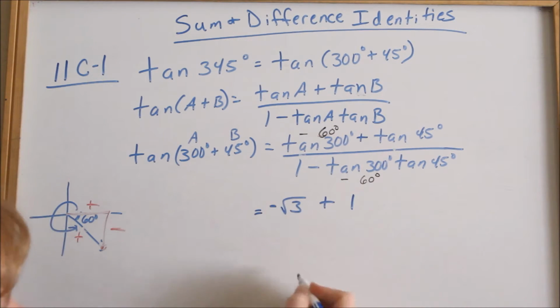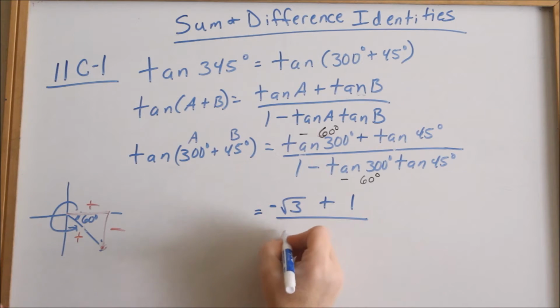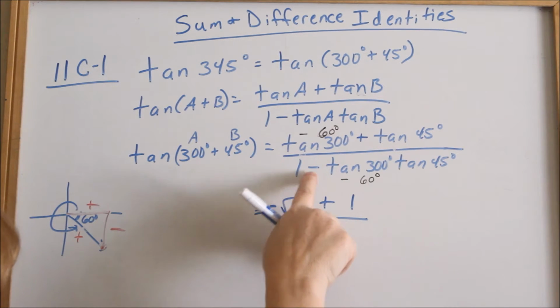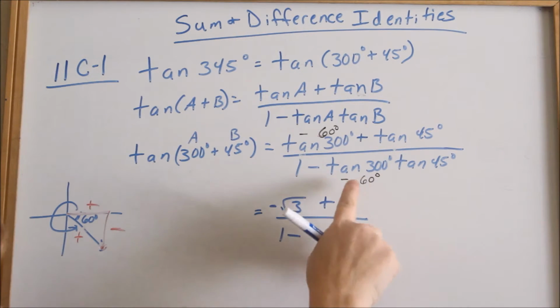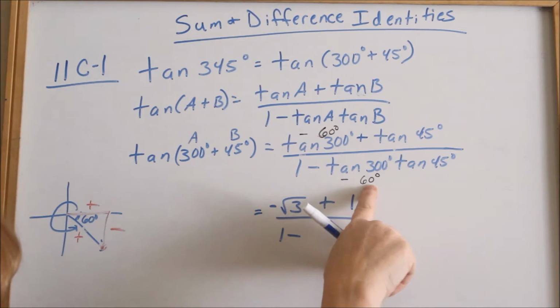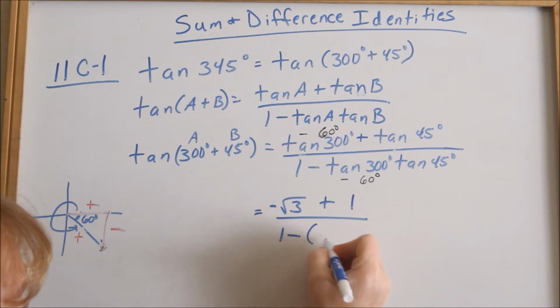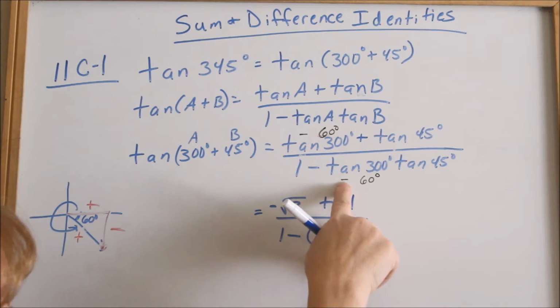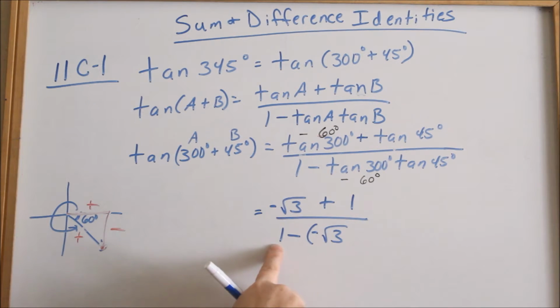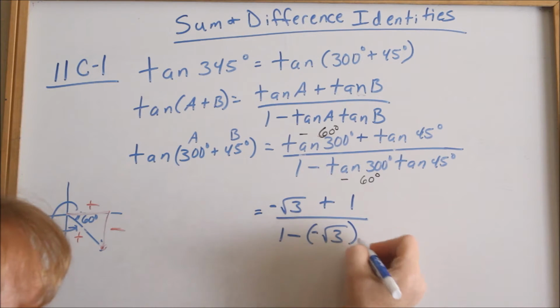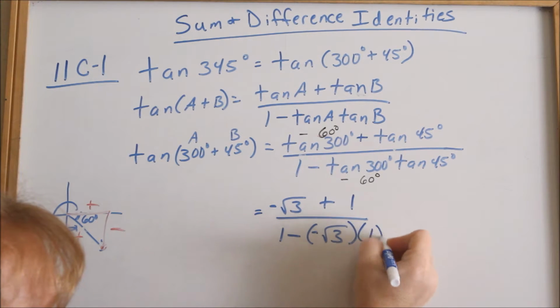Tangent of 45 is 1, all over 1, there's my 1, minus tangent of 300, we said tangent of 60, which is square root of 3, and we said it would be negative. So keep up with parentheses. 1 minus a negative square root of 3 times tangent of 45, which is 1.